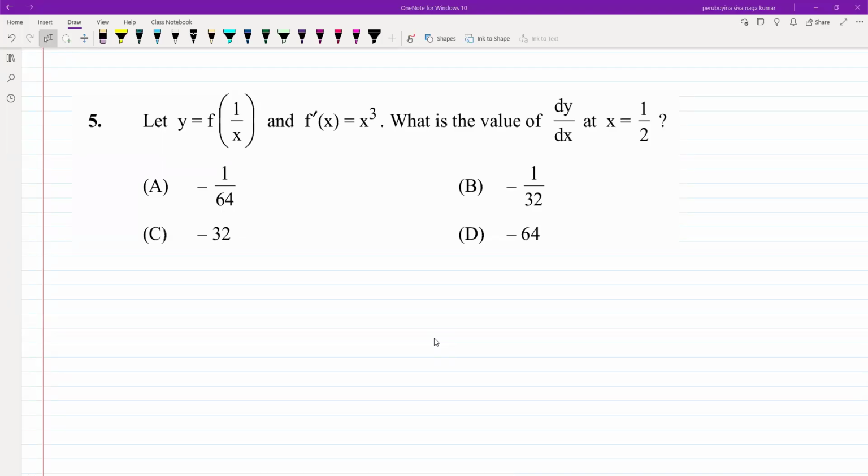Fifth question. Let y is equal to f of 1 by x and f dash x is equal to x cube, he said. Then what is the value of dy by dx at x is equal to 1 by 2? Okay, let's differentiate on both sides.